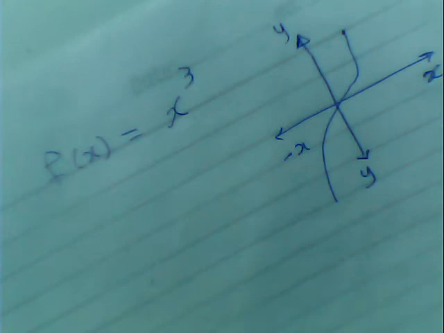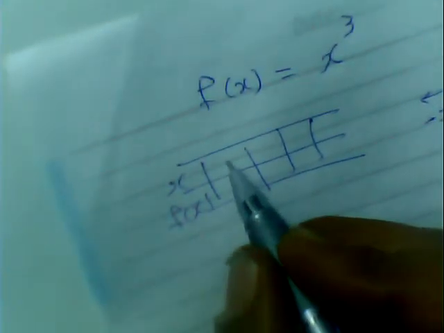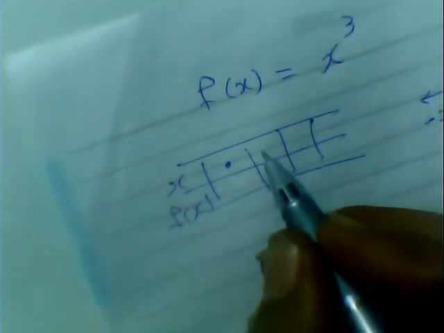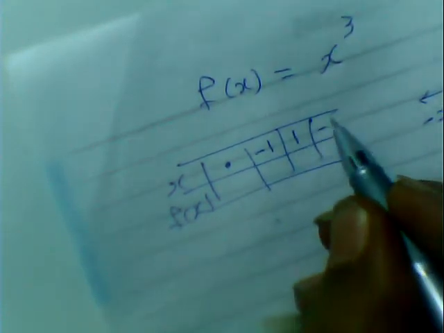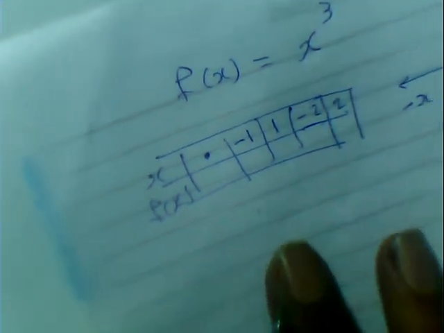You can know it if you make a table like this: x and f of x, and you put 0, minus 1, minus 2, and positive 2.